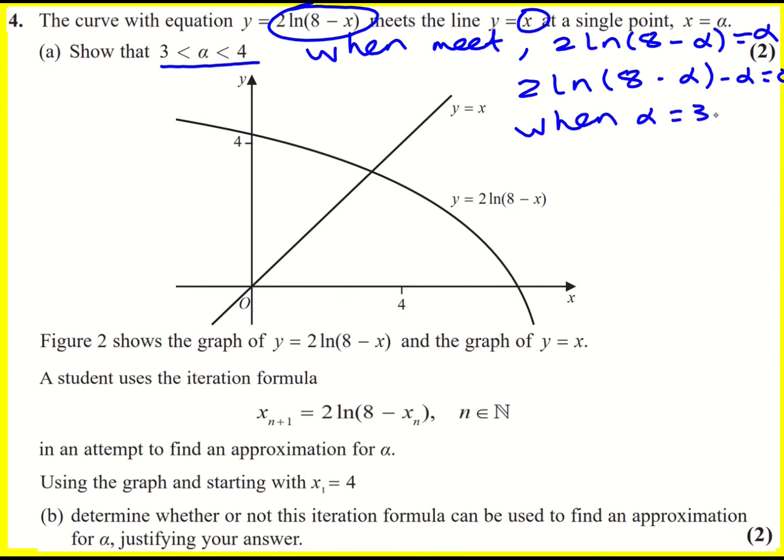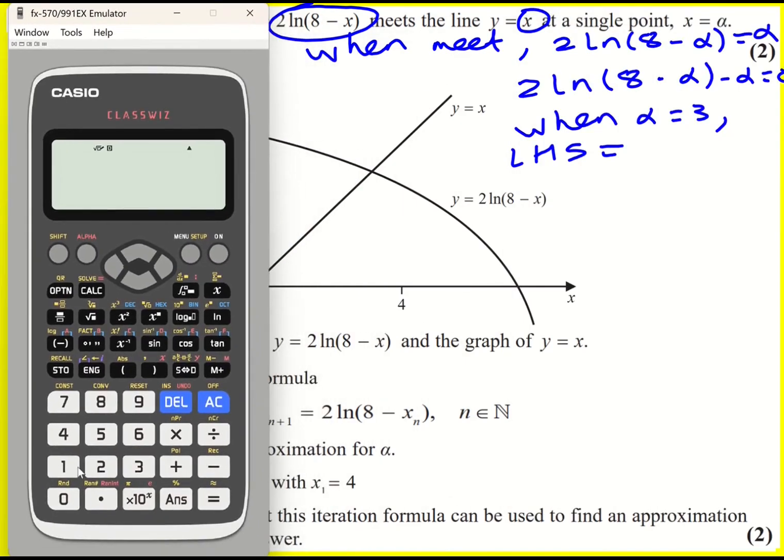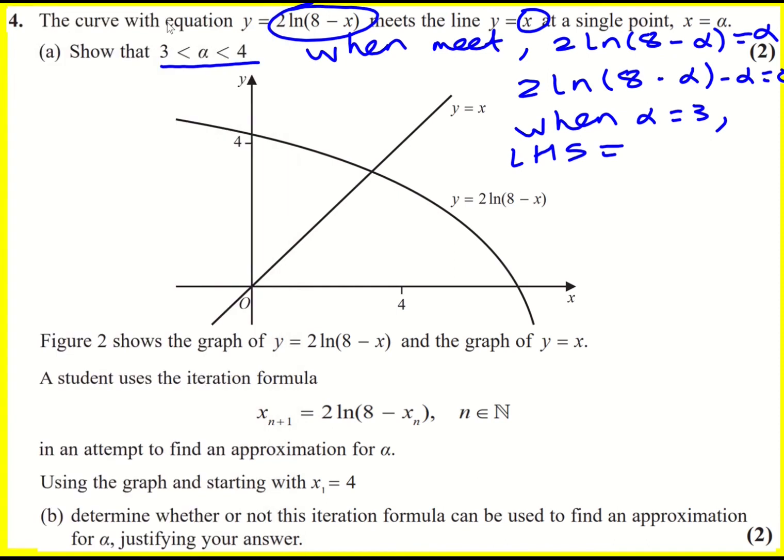Let's say when alpha equals 3, focus on the left hand side. That is going to equal 2 ln(8 minus 3), or 2 ln 5 minus 3, and we get 0.2188. The main thing to say is it's greater than 0.